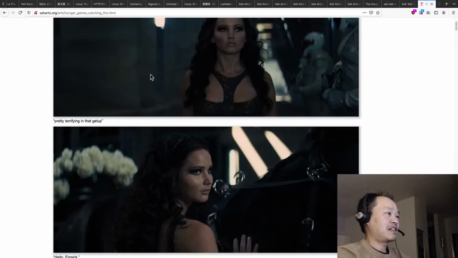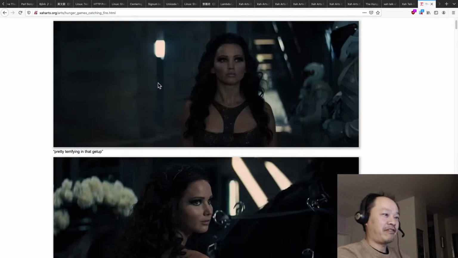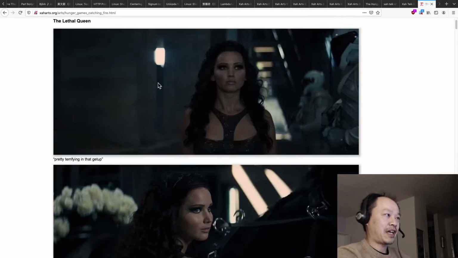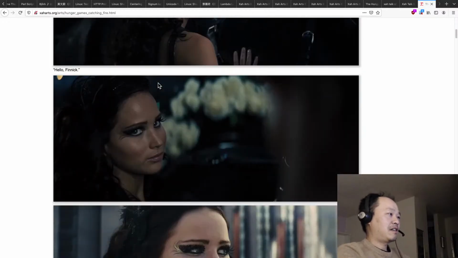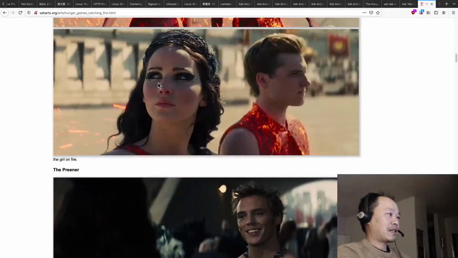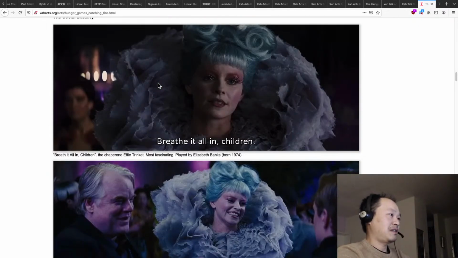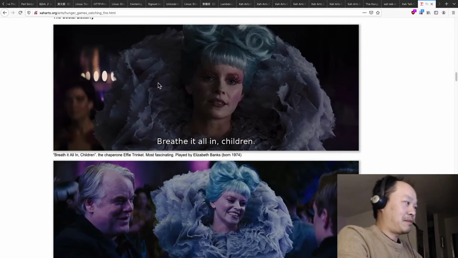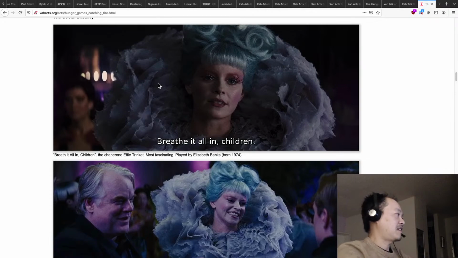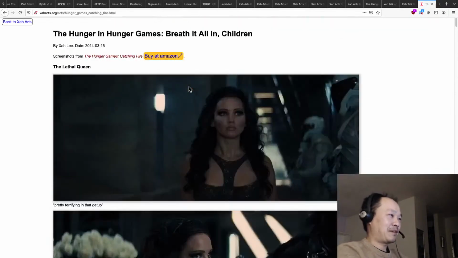Why hunger? Because I personally have an intimate relationship with that, and it's a fantastic movie. I love it for many reasons, and this is the image you are seeing. Breathe it all in, children. In fact, our society, America, let's just say America, is approaching the Hunger Games state.